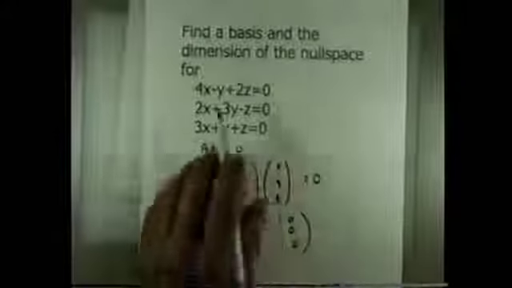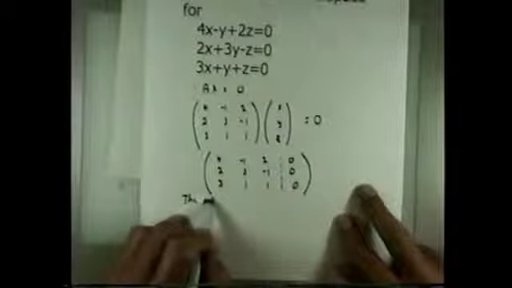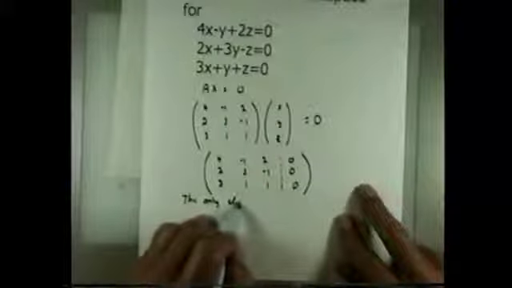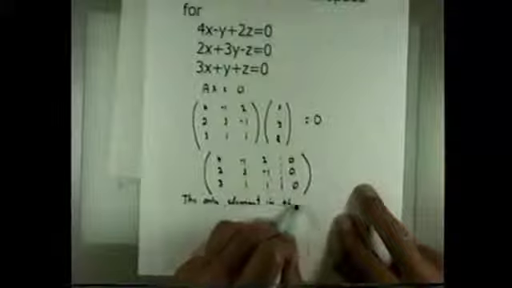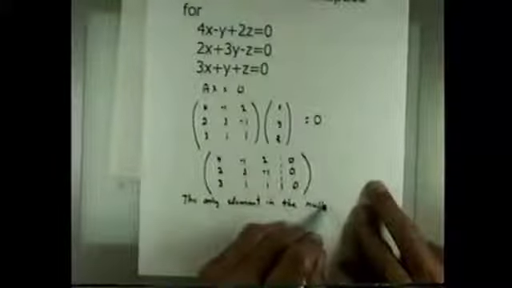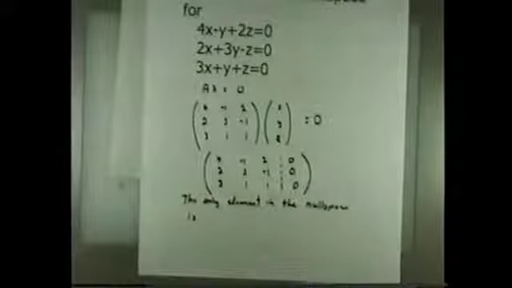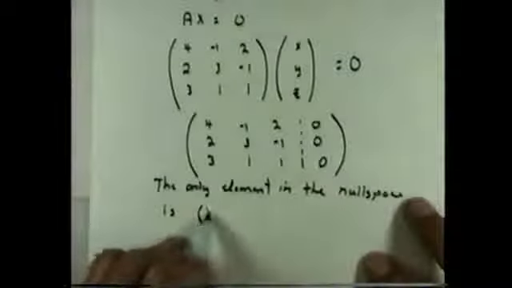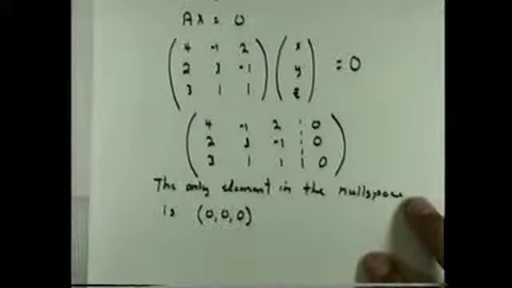So we said find the basis and dimension of the null space. Well, the only element in the null space is the vector 0, 0, 0.